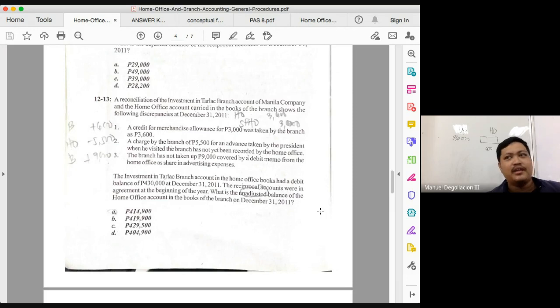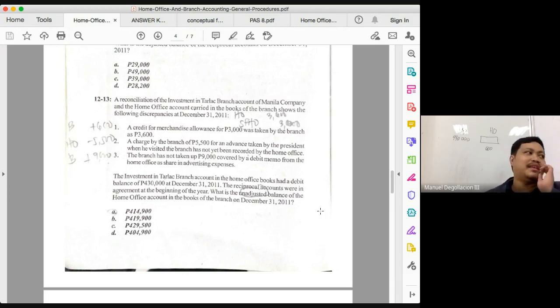Okay, as our guiding principle, we will assume that the branch thinks that it is the only existing branch, so that all transactions with other branches will be cleared through the home office account.